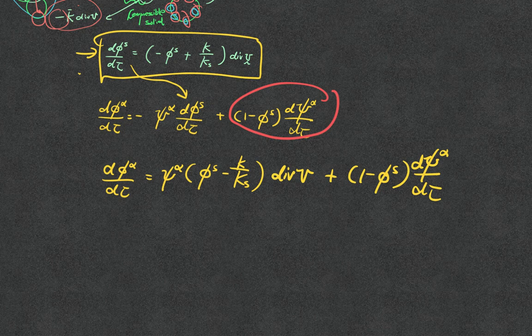Basically this term leads to here. This term is just this term substituted by this. You all see this?